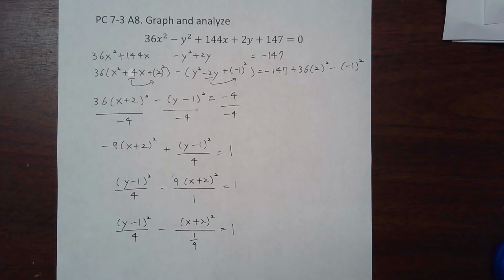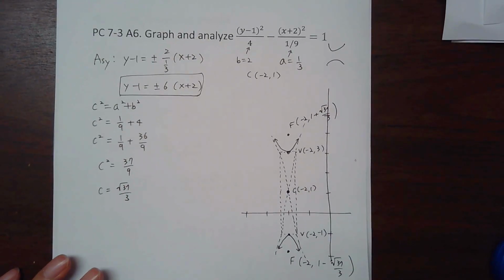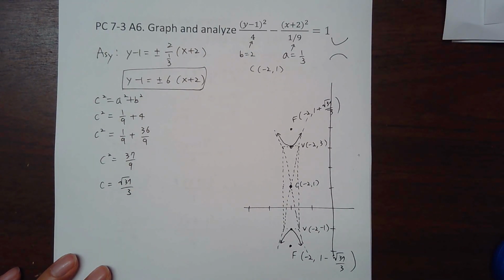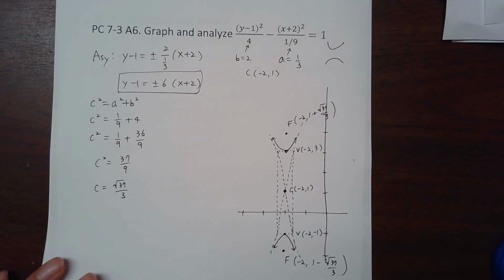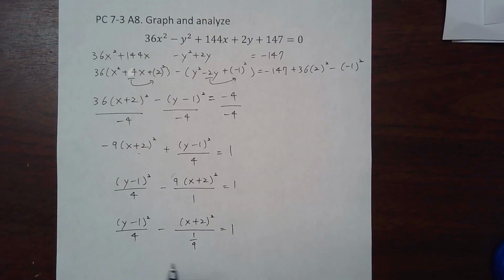And that is your standard form, and we dealt with that problem on previous page. So we already graphed it and got the asymptote and everything. I just wanted you to practice on completing square portion.